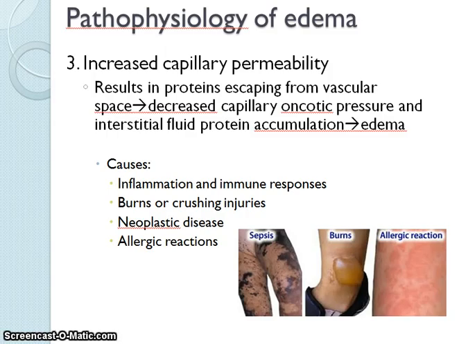This causes a decrease in our capillary oncotic pressure and an increase in the interstitial fluid protein. So the fluid or water is going to follow the protein, and then we end up with edema in our tissues. This can be caused by conditions like the inflammatory or immune responses that happen within the body, burns or crush injuries, neoplastic disease, or an allergic reaction.